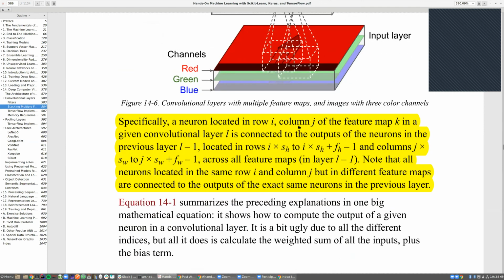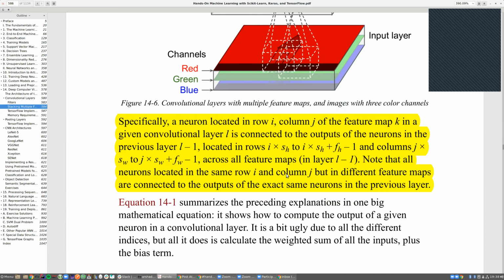Okay. Each convolution connects to the outputs of the neurons in the previous layer. So this is to do with the stride across all feature maps in the layer. Note that all neurons located in the same position but in different feature maps connect to the outputs of the exact same neurons in the previous layer.